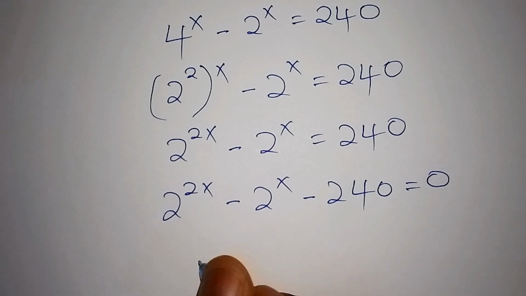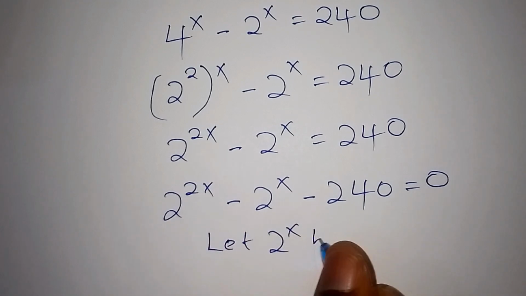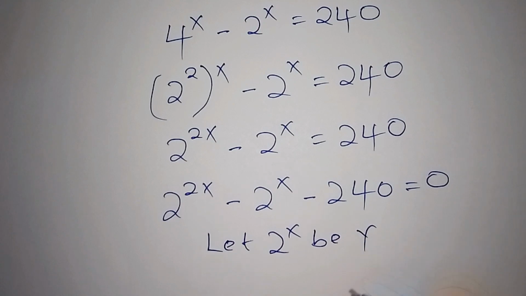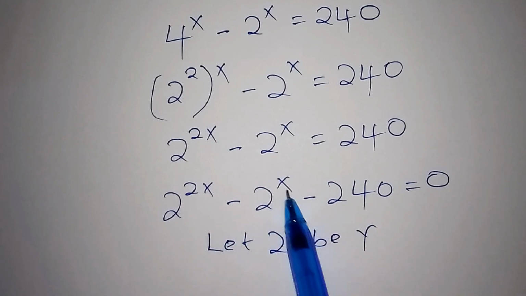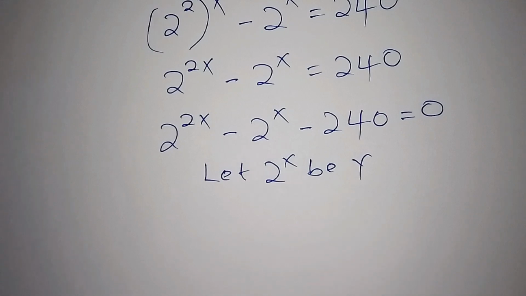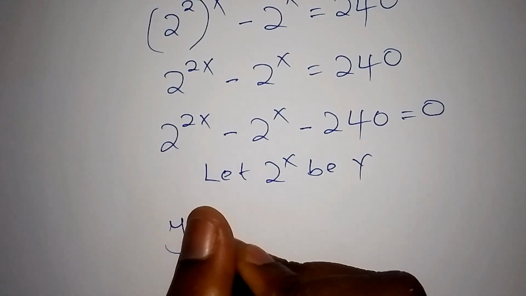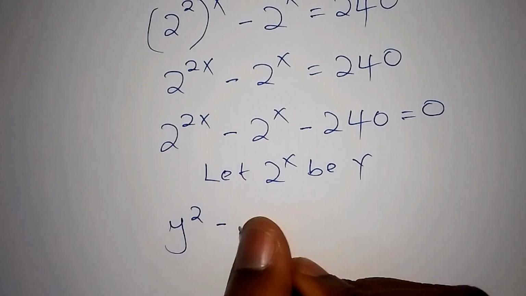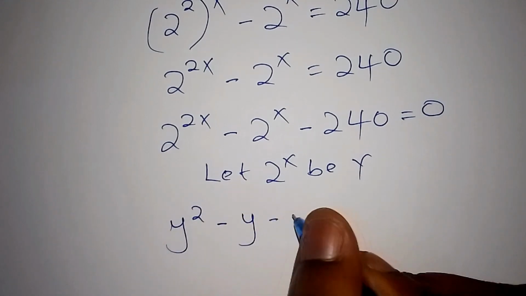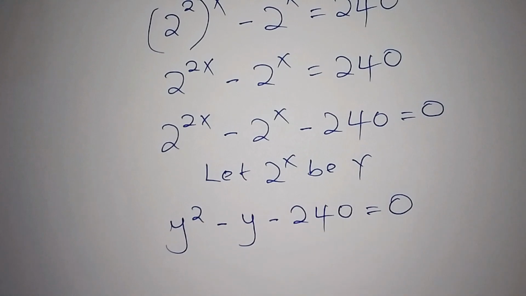So we shall say that let 2 to the power of x be y. So meaning that where we have 2 to the power of x, we shall write y. So in this case, we shall form a new quadratic equation where we shall have y squared minus y minus 240 is equal to 0.